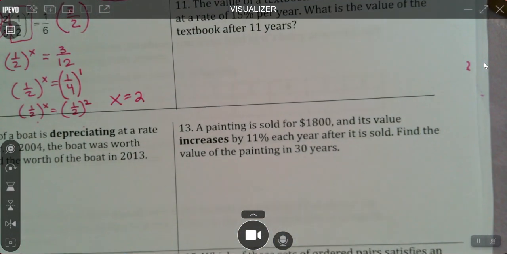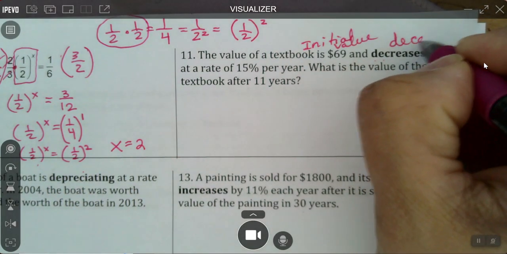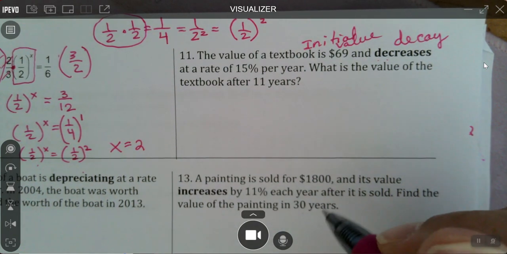All right, so we know it's going to be decay because it says decreases. We know it's exponential. Why? Because it's got a 15%. That's how you know it's exponential. It's not linear, it's not quadratic.